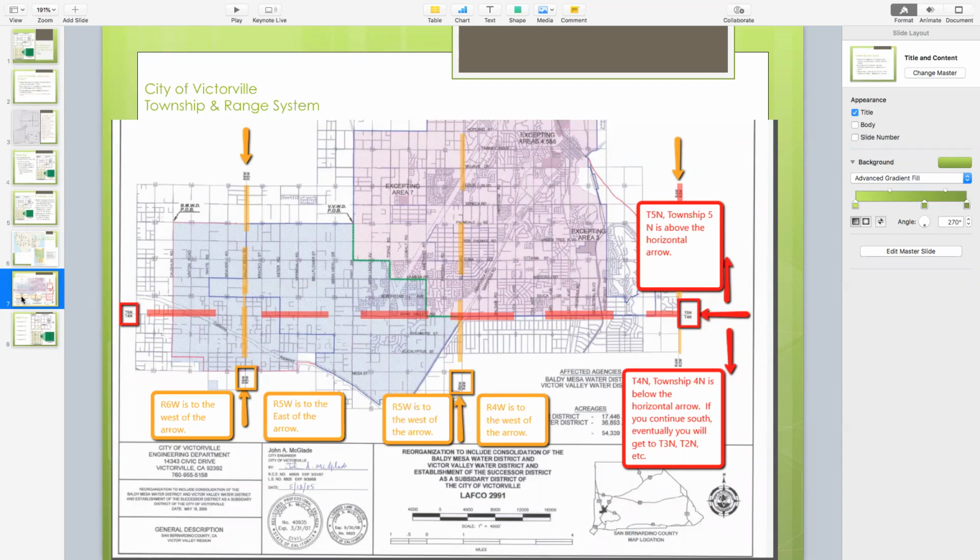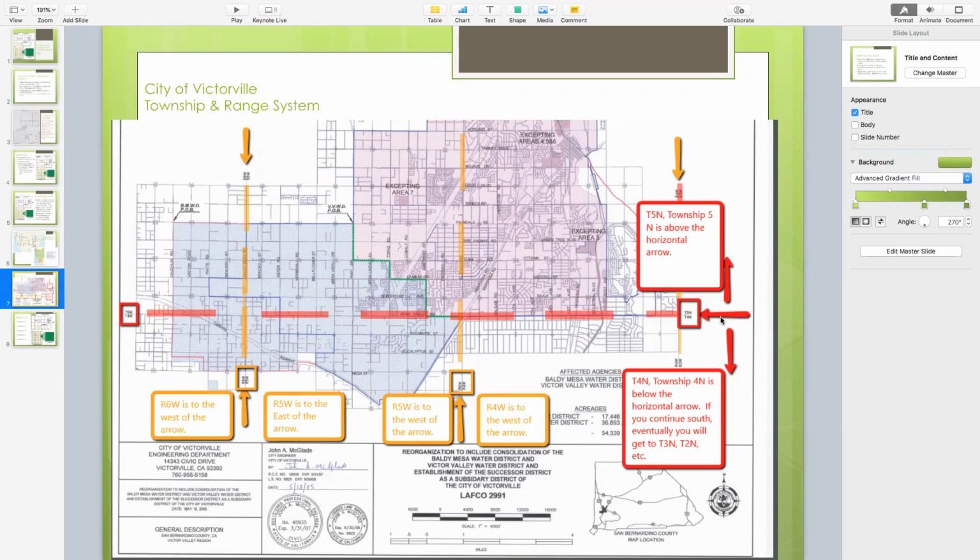Here we have a map from the city of Victorville, produced by the Department of Engineering within the city, and it has their township and range system overlaid on their map.